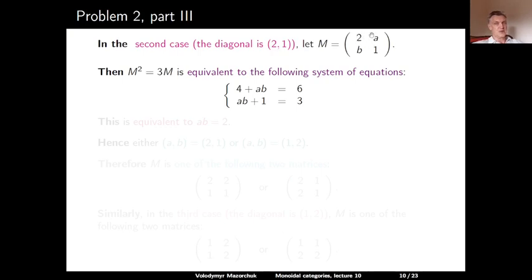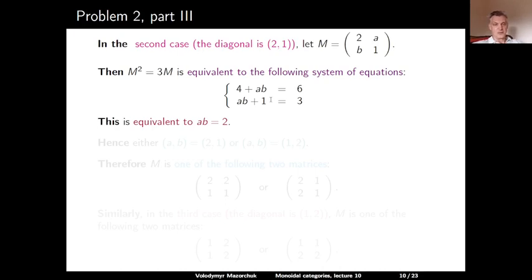For the (1,1) entry, we have the equation 4 plus ab is equal to 6, and for the (2,2) entry, we have the equation ab plus 1 is equal to 3. And for the other entries, the equations will be 3a is equal to 3a, and 3b is equal to 3b, so no real condition.